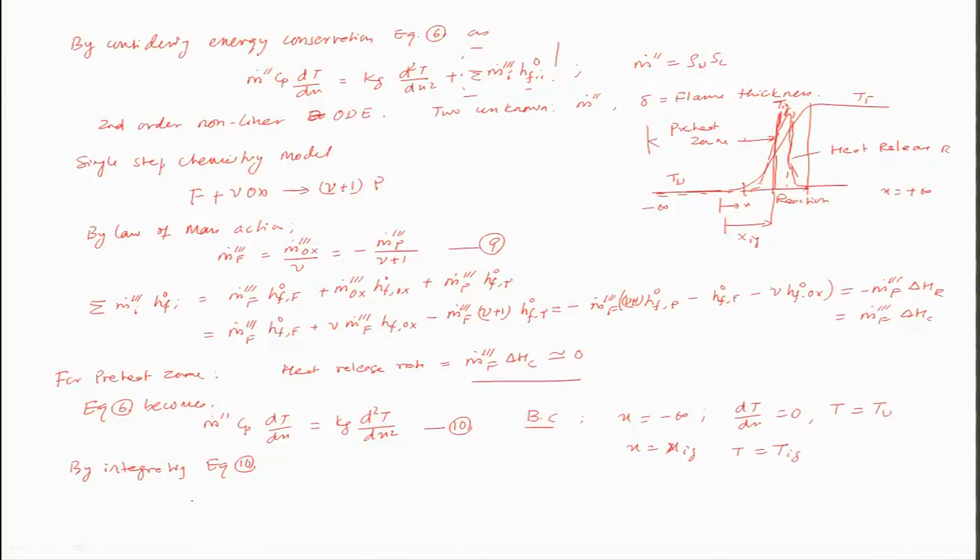Basically I will integrate this equation and apply the boundary conditions. We can have m dot Cp times T ignition minus T u on the left hand side, right.